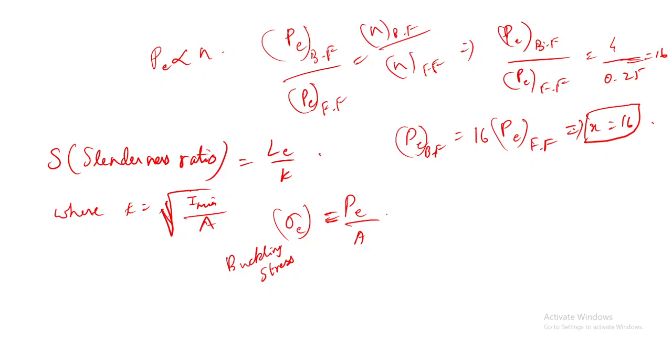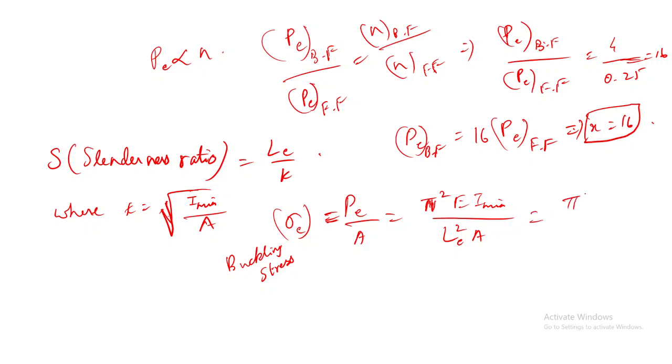Yes, sir. So which is equal to, with the buckling load here, pi square E into I min divided by LE square into A, correct? Here LE is the effective length, which is equal to alpha into L.